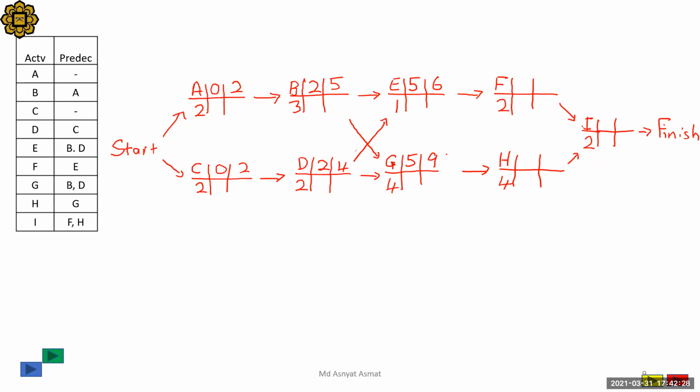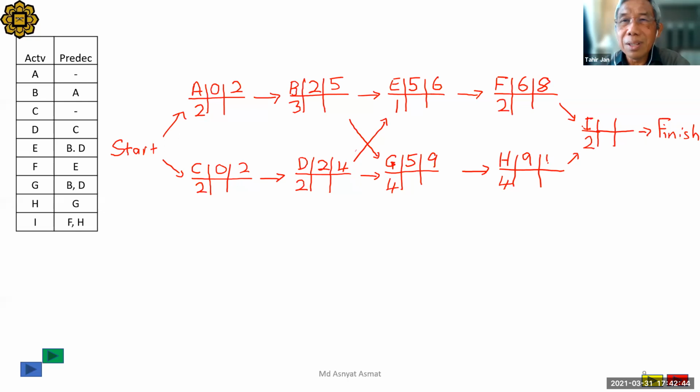Then H, 9 to 13. Then I, early start 13, early finish 15.